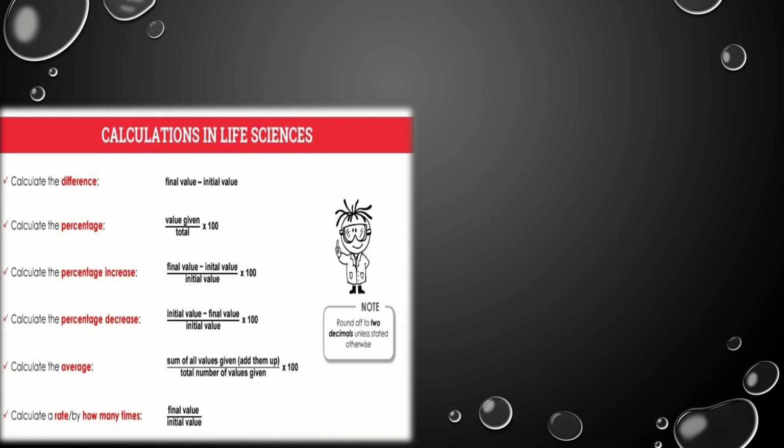Then you just know that you're going to do the final value divided by the initial value. According to my concept here, the final value is the biggest value, and the initial value is the smallest value.